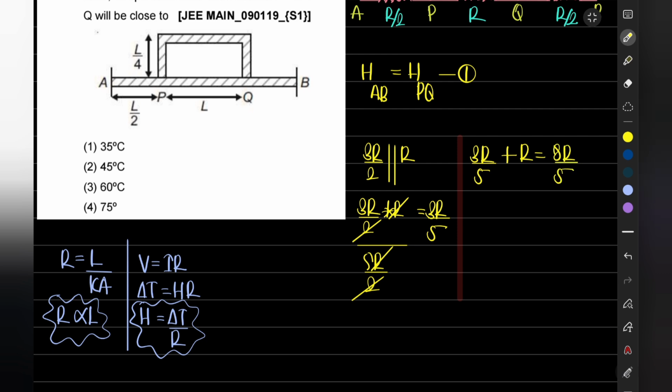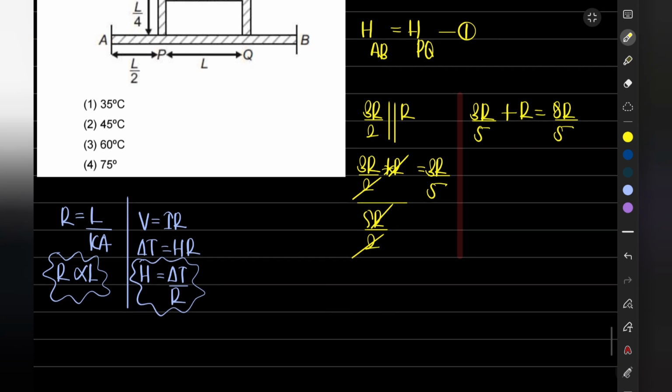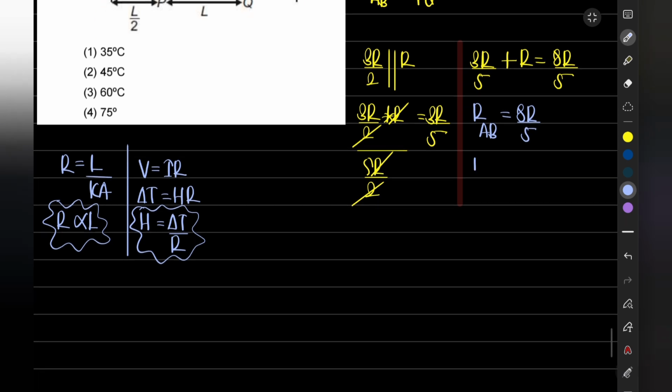So the total resistance of the AB part is 8R by 5. Okay, so what we got: the resistance for the entire AB part is 8R by 5, and similarly we can find the resistance for the PQ part.